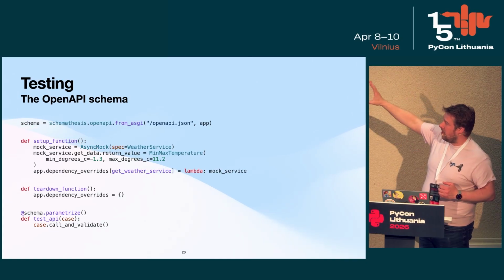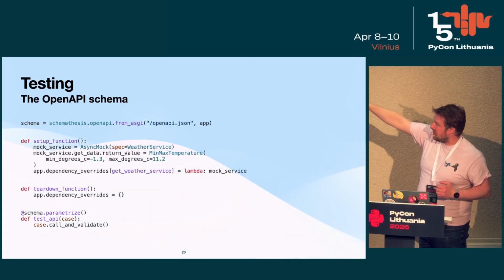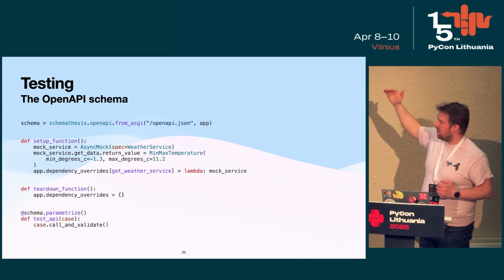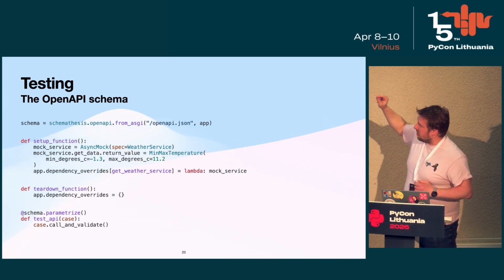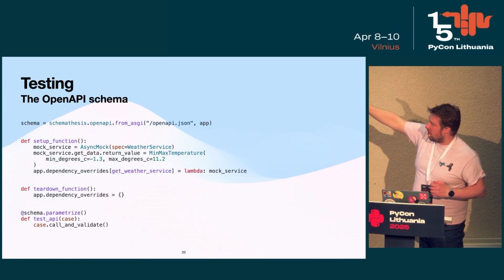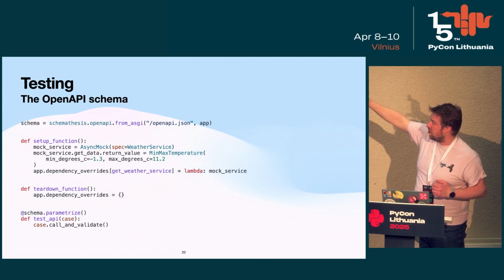So this isn't part of FastAPI, but this is super useful. Schema Thesis, which is built on top of another library called Hypothesis for property-based testing. What you can do is you can plug your application into Schema Thesis. We've got a bit of setup and teardown, which again is just using this dependency injection.